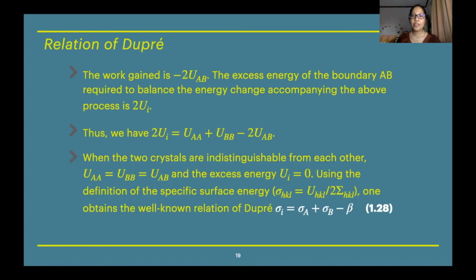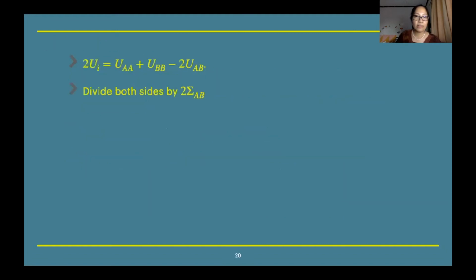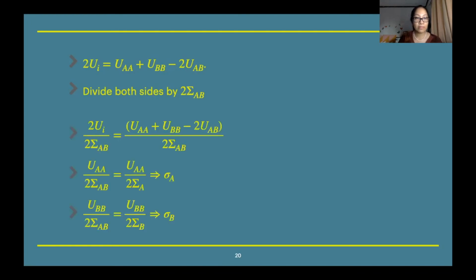Sigma sub I equals sigma sub A plus sigma sub B minus beta. So I'm going to show the steps. From the equation showing the energy spent plus the energy gained, we divide that equation by the factor 2 times sigma sub AB. And this is the result.